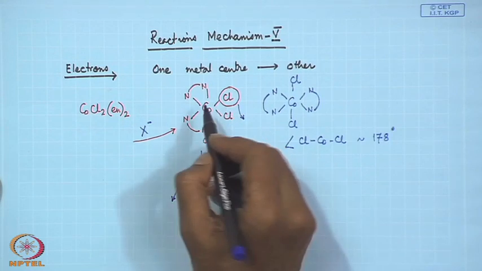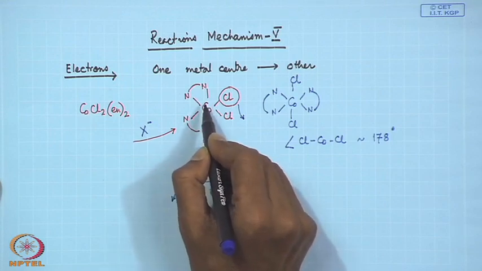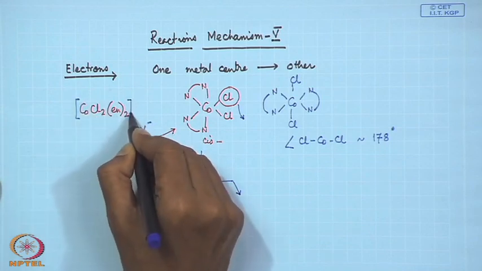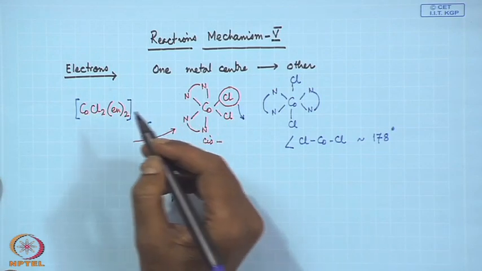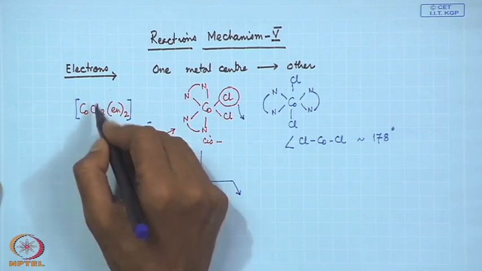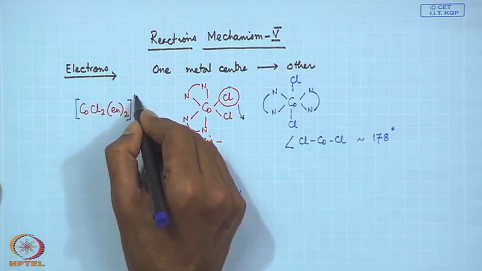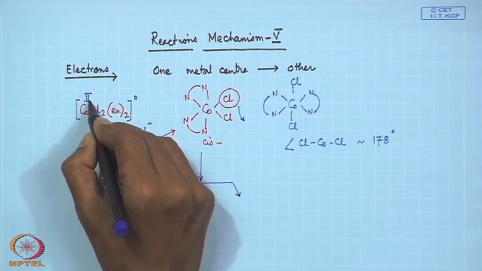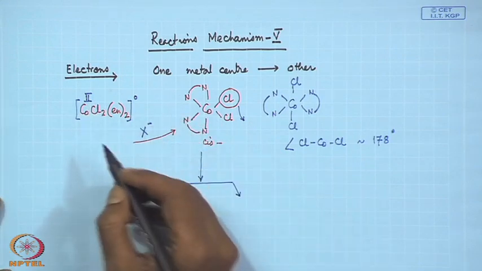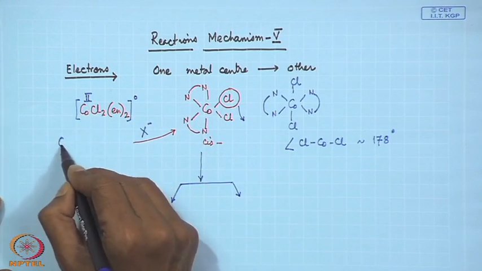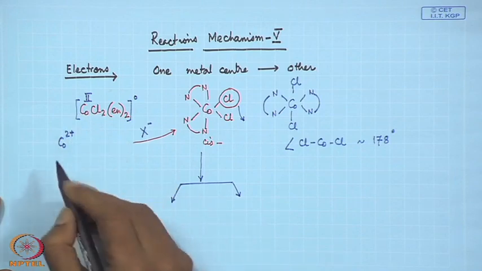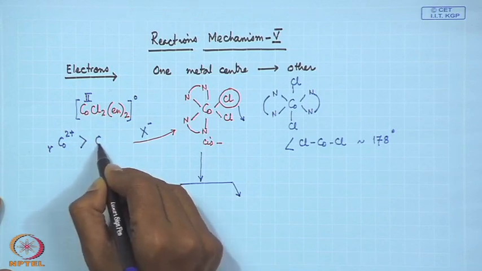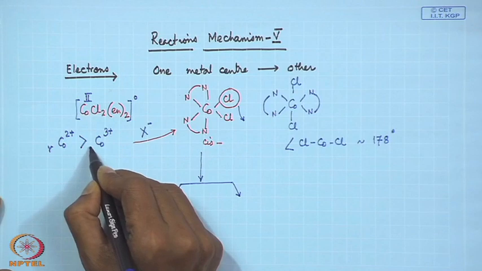One is, if we consider the charge neutralization by the ligands as well as the other chloride atoms, we find that this particular molecule is electroneutral. So, the oxidation number on the cobalt can be assigned as +2, that means cobalt 2 plus, and its radius will be greater than the cobalt 3 plus radius.